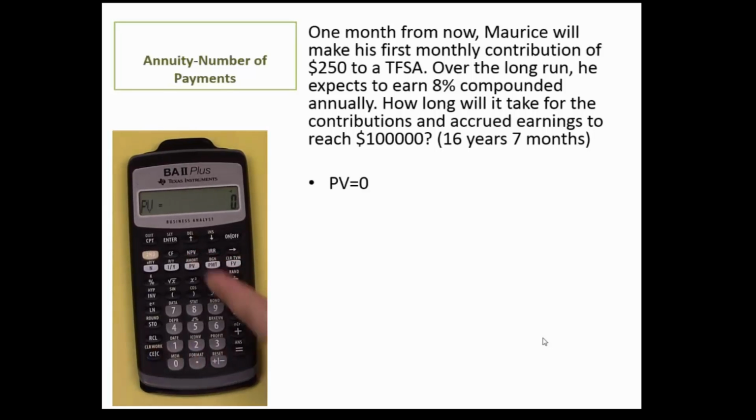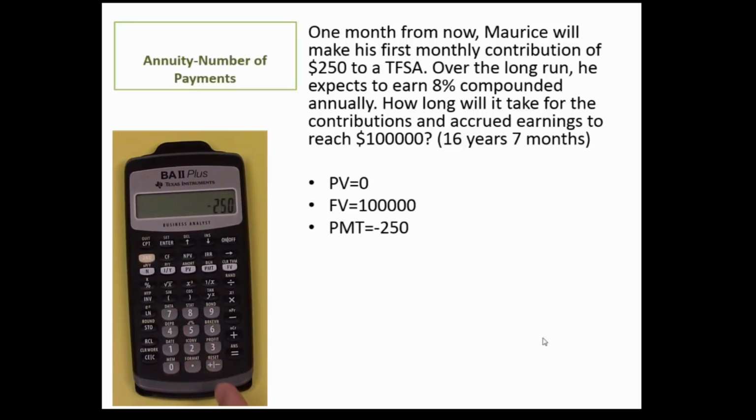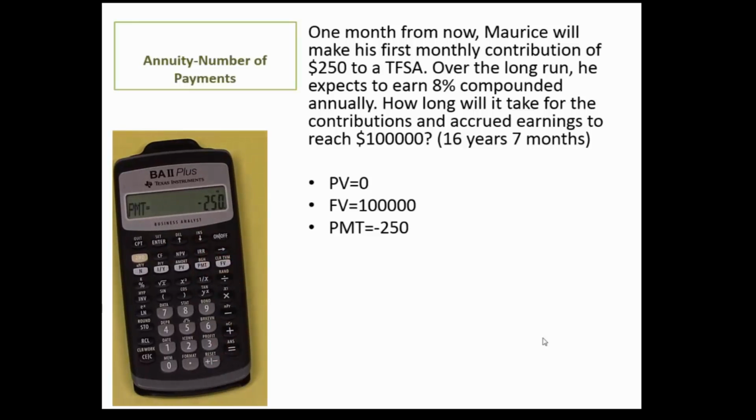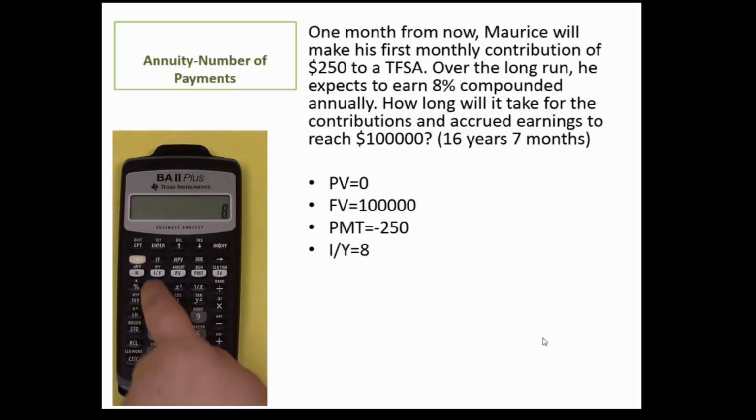Present value equals 0. Future value is $100,000. The payment value is negative $250. And the interest rate is 8%.